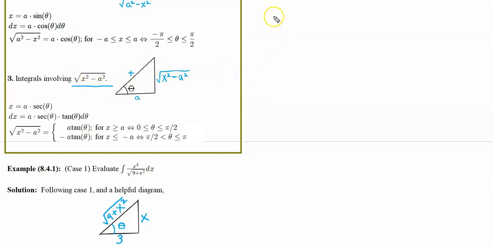Now in this case, you see the x over a, that's going to be our secant of theta. And so we get x equals a secant theta as our primary substitution. And then the dx, derivative of secant, is secant times tangent. So dx is going to be a secant theta tangent theta d theta.